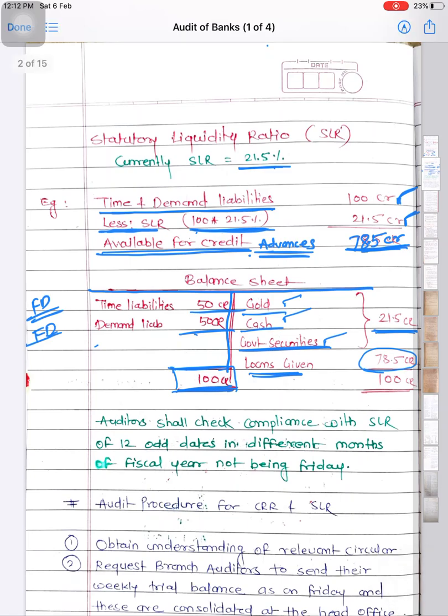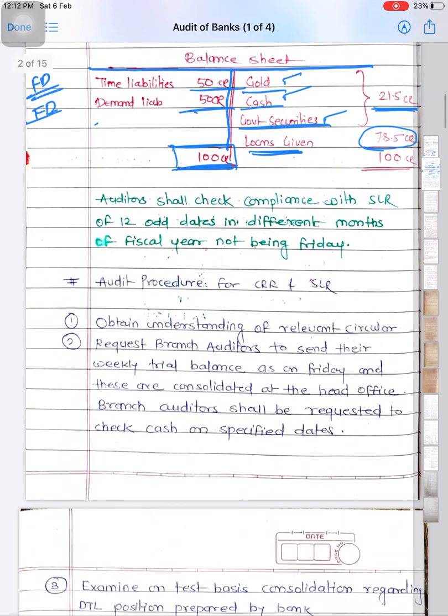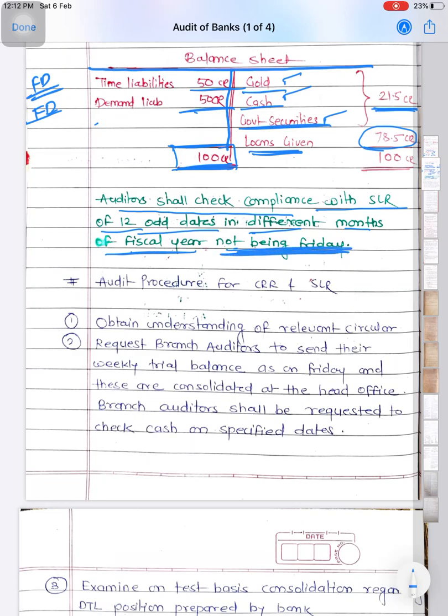Now what's the role of the auditor in this? The auditor should check compliance with SLR on about 12 dates in different months of the fiscal year, not being Friday. Why not Friday?